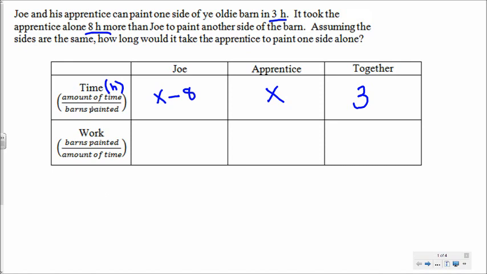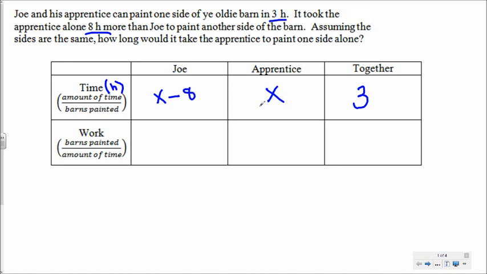So thinking of it this way, if you think about things labeled in the units, time is measured in time per barn painted, and work is measured in barns painted per amount of time. So these look like a reciprocal relationship. To further clarify that, let's consider a simple idea.